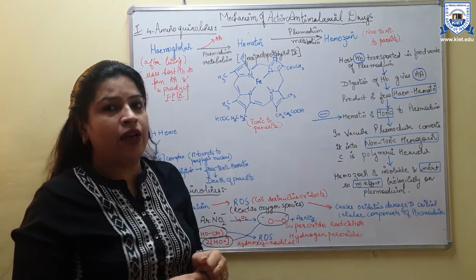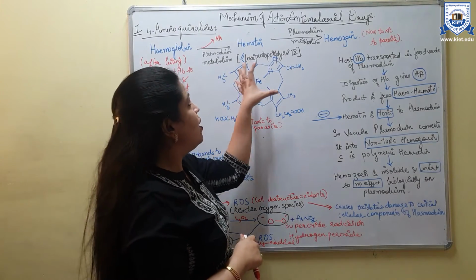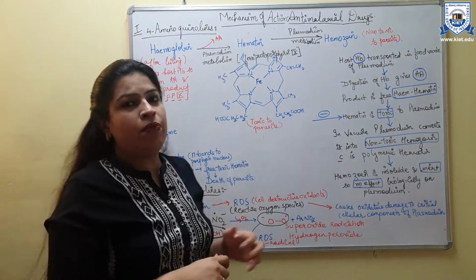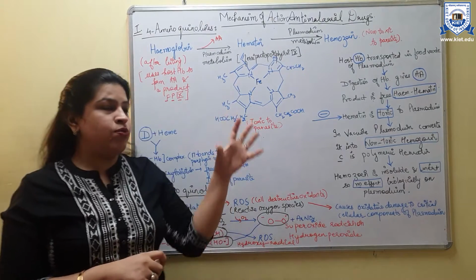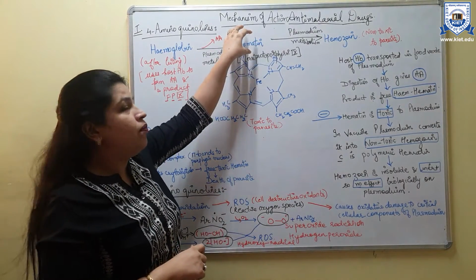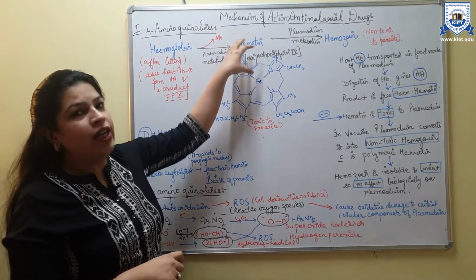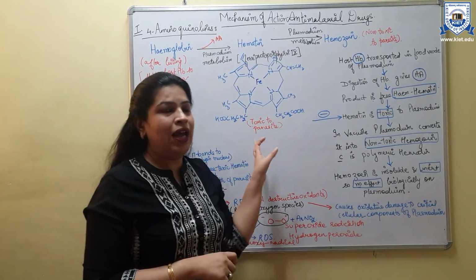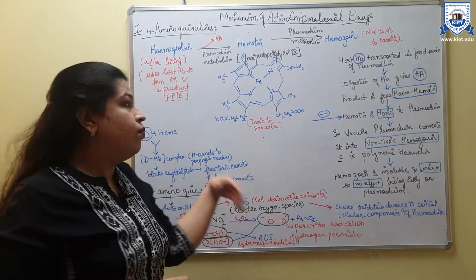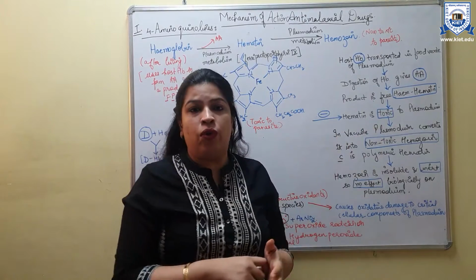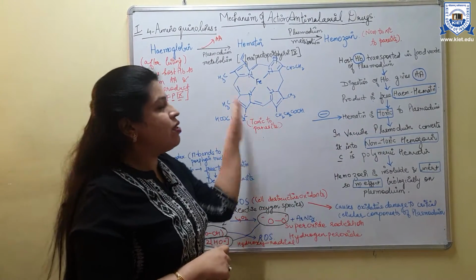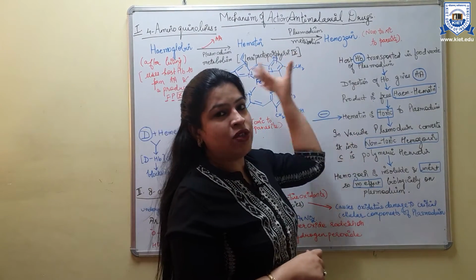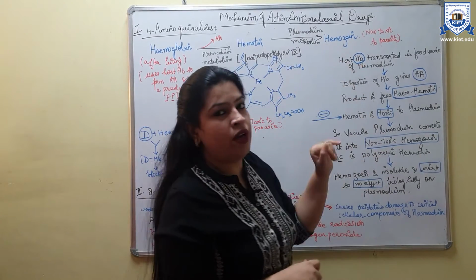What is the product formed? It is the hematin, and this hematin is basically toxic to the parasite. If the plasmodium remains at this stage, it is very toxic to the parasite and it will not be able to grow. But through its metabolism, it converts this complex molecule into hemozoin.